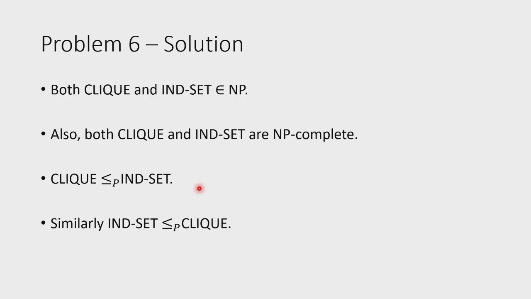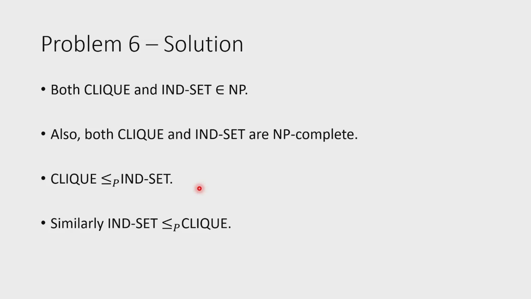No, you are thinking of a concrete reduction. What I am saying is the following. Clique is in NP and independent set is NP-complete. Now, what is the definition of NP-completeness? All those problems which are in NP are bound to reduce to that problem. So because of the definition of NP-completeness, this is true.